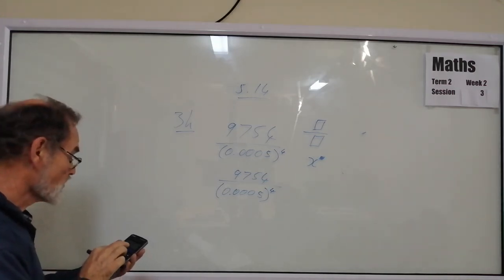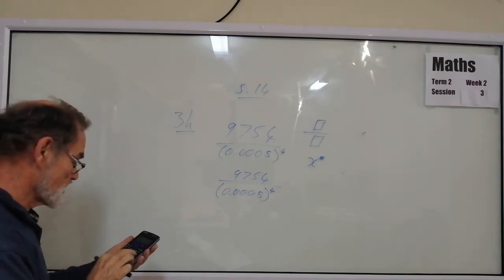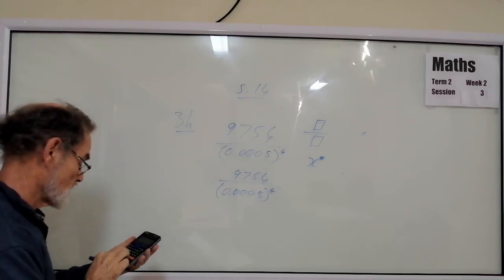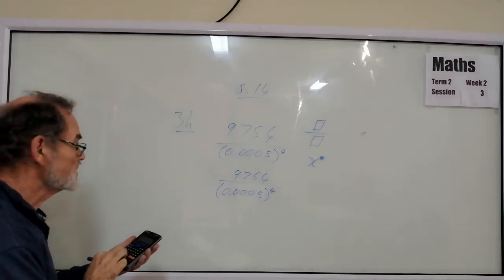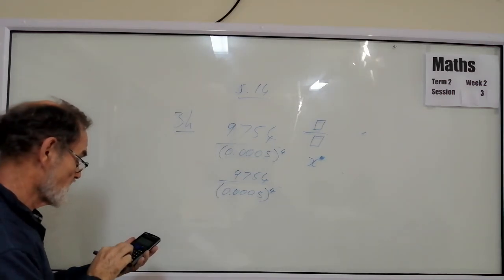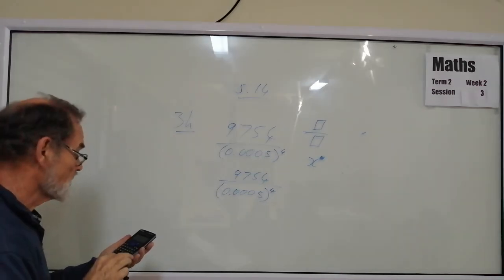9754 divided by bracket 0.0005, close brackets, X 4 equals.